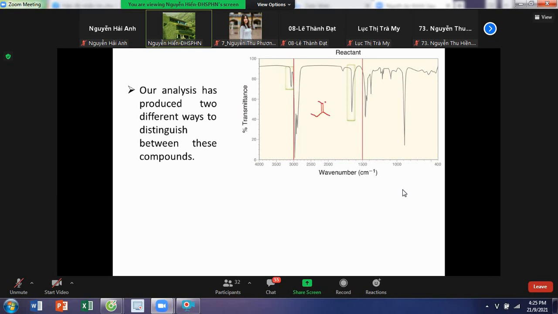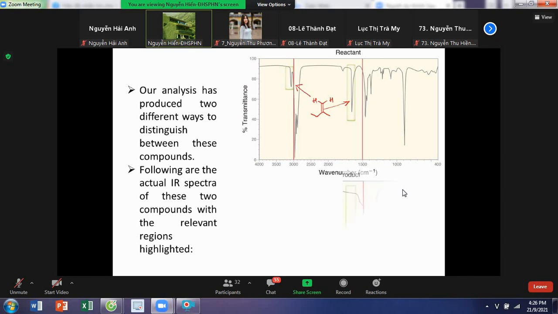You see that you have C-sp2-H, this C-sp2-H, and this is the C=C bond, an asymmetric C=C bond.